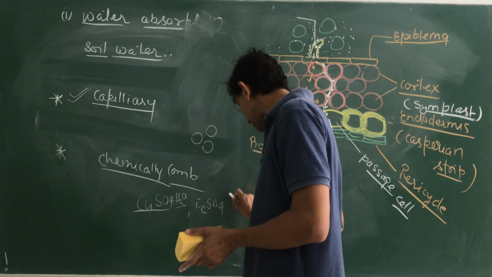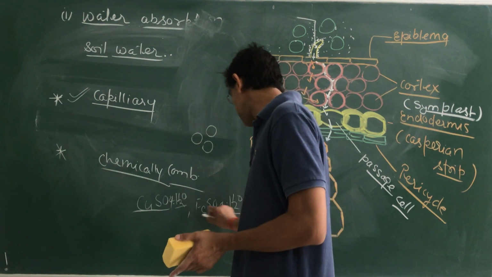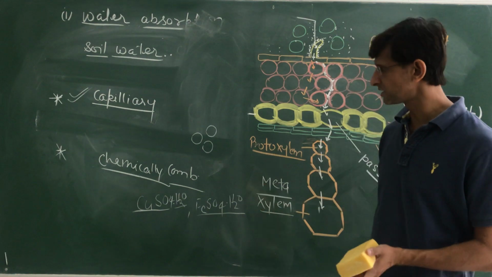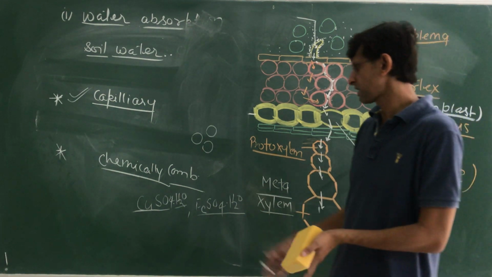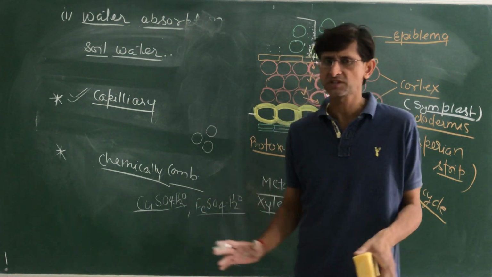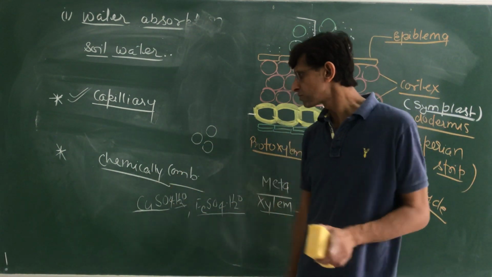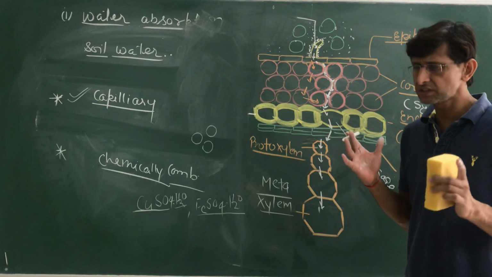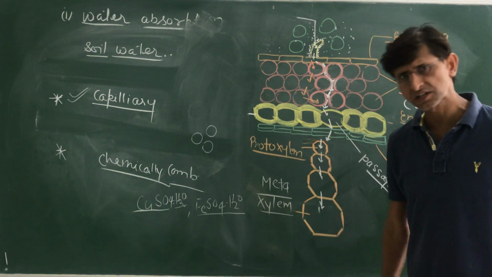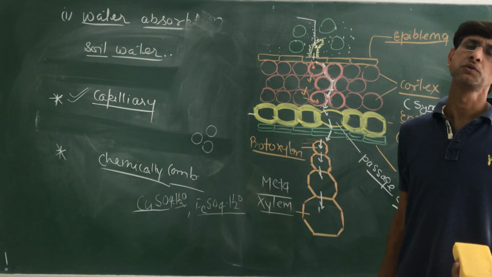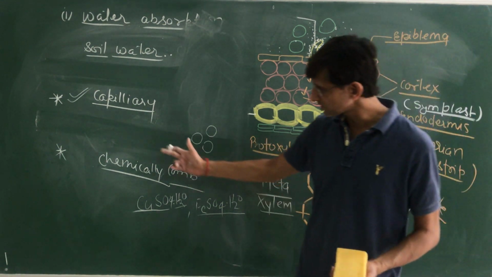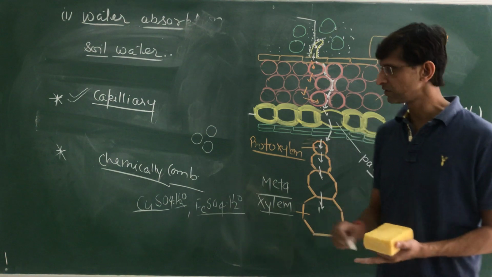Some crystalline water is present with them because of their hydration. The hydration energy is quite enough so that this chemically combined water cannot be separated from these chemicals. So it cannot be received by the roots of the plant, and this water again is not available for plants.